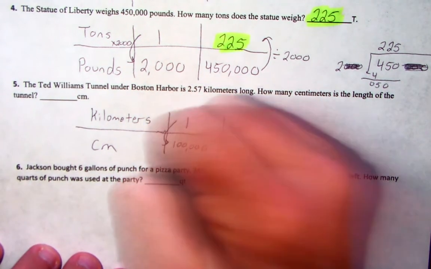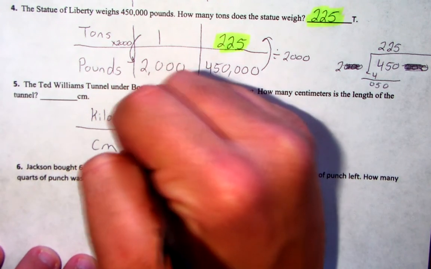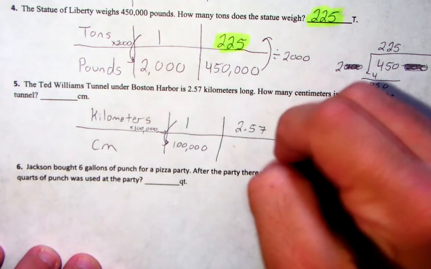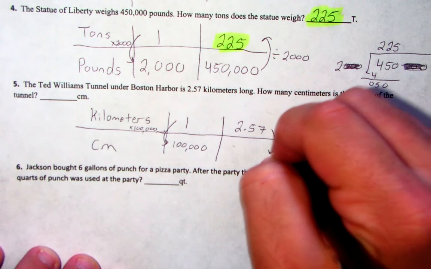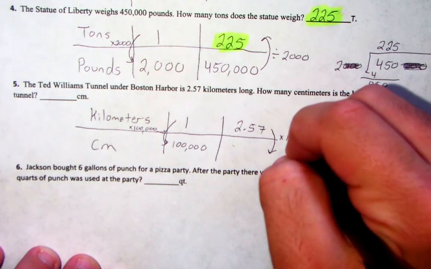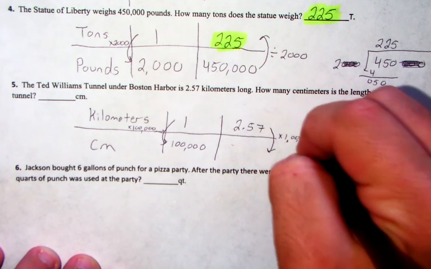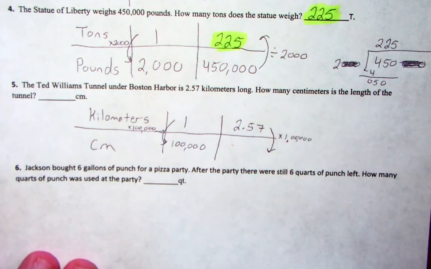Okay, so to go from 1 to 100,000, you multiplied by 100,000. 2.57 times 100,000. It'd be nice if I could actually write out the right number here. There it is, 100,000.